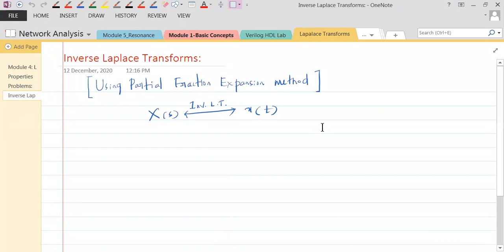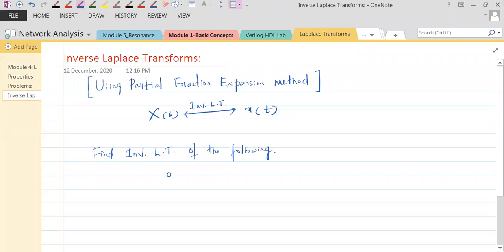So let's take the first x of s that they've given. The problem statement would be this: find the inverse Laplace transform of the following.